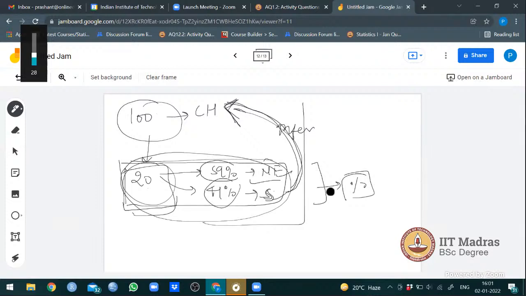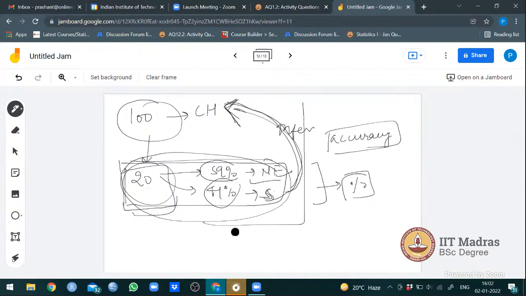If the sampling is accurate, size is accurate, sampling is random, then suppose, what is the meaning of accuracy. Can I say what I concluded from my sample is almost perfect?